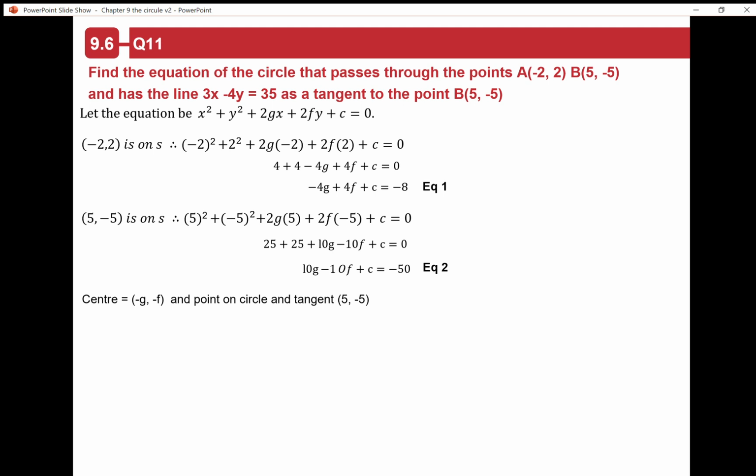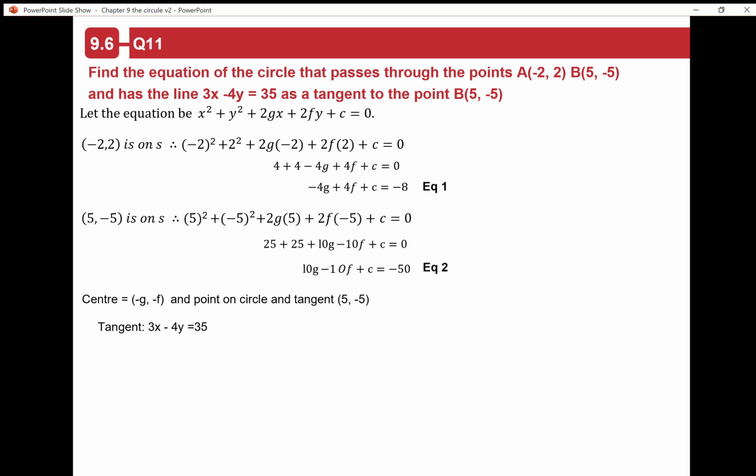We know that a point on the circle and the tangent is 5, minus 5. Okay, so this is what I know so far. I also know that my tangent is 3x minus 4y equals 35.